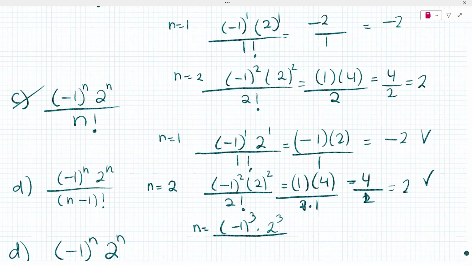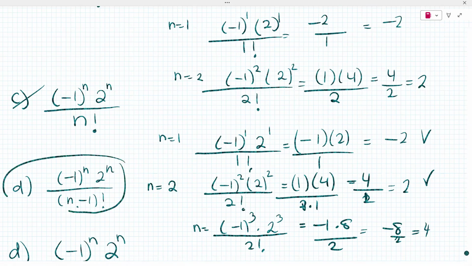3 minus 1 is 2 factorial. This is going to be negative. Yes, that would be the last one, and it's over.